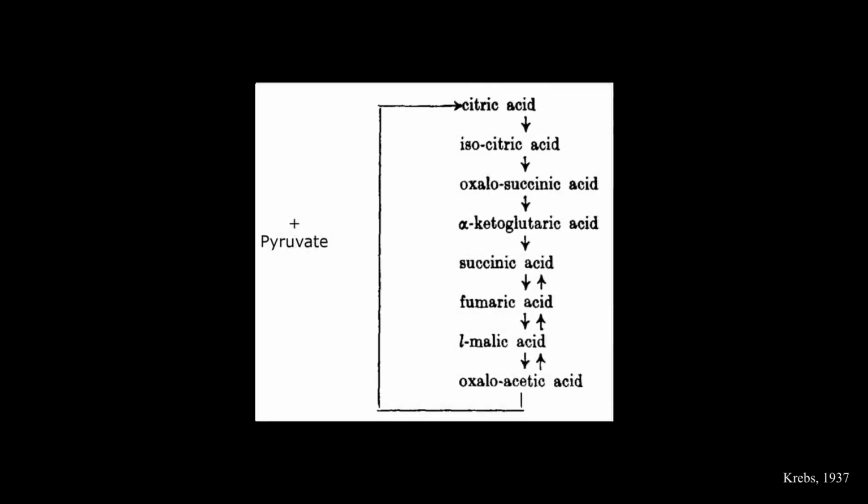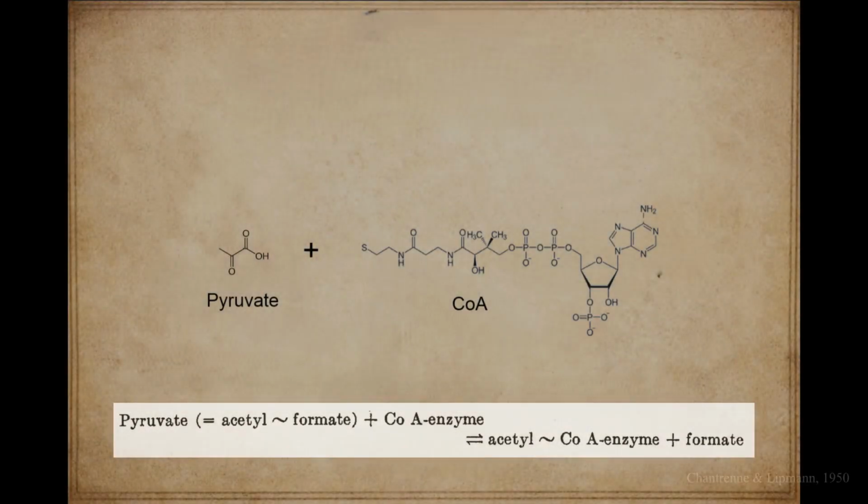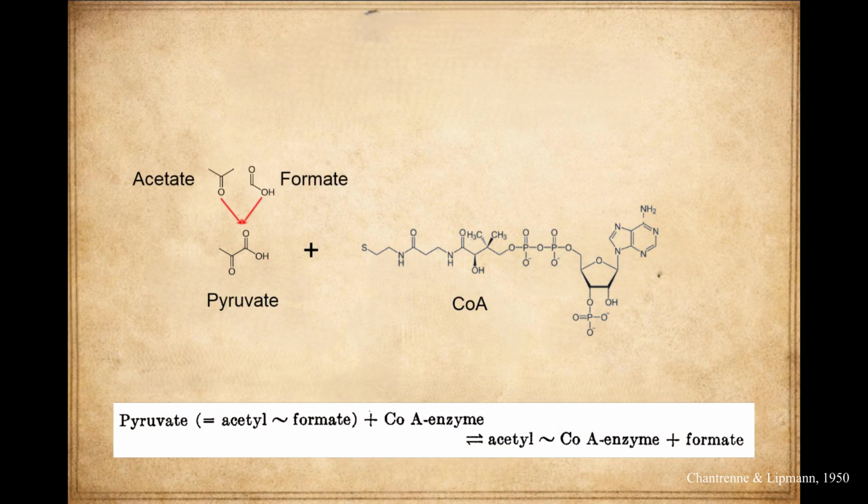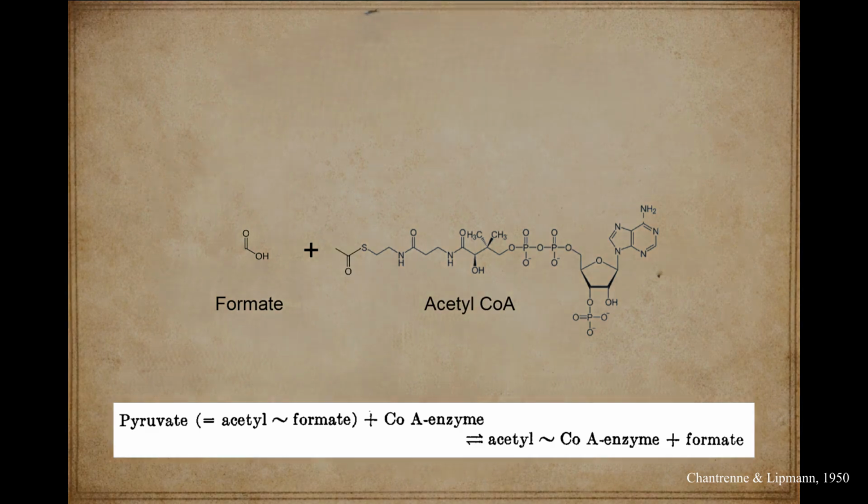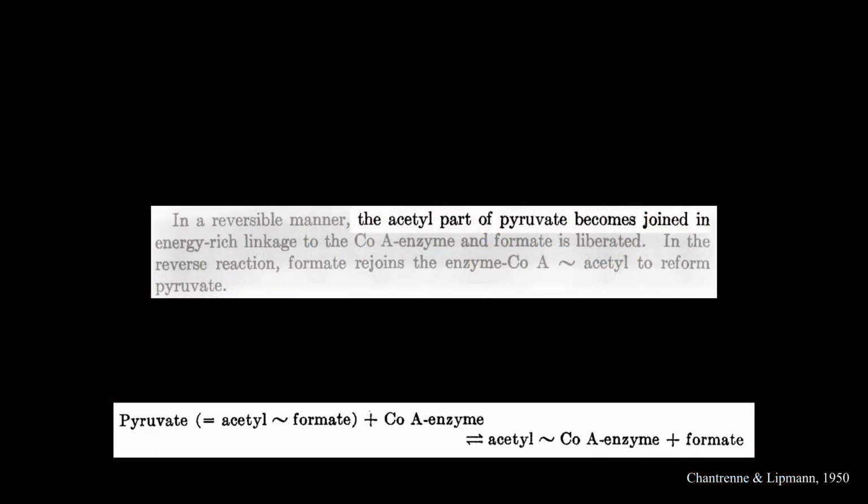And so with these results, the authors confirmed that pyruvate was the missing triose in the Krebs cycle and proposed this equation for the reaction, where pyruvate, which is really formate with an added acetyl group, transfers its acetyl group to a coenzyme A and releases formate as a byproduct. And the authors noted that the acetyl part of pyruvate becomes joined in energy-rich linkage to the CoA enzyme.